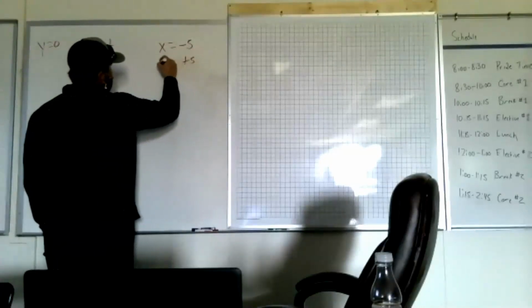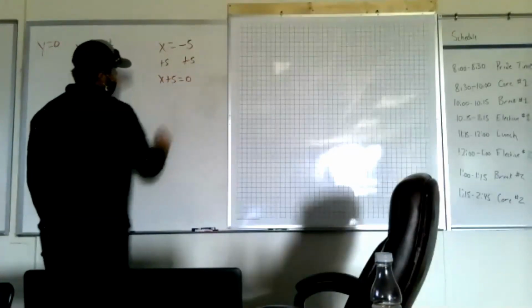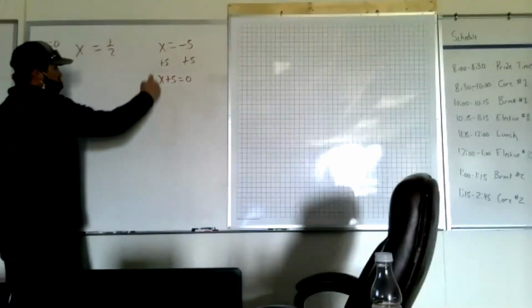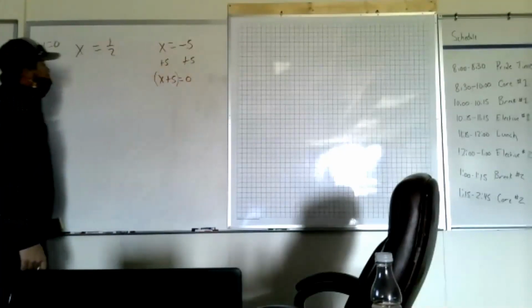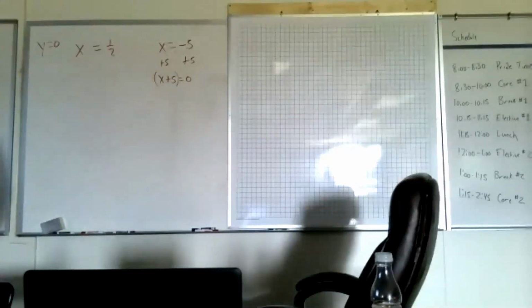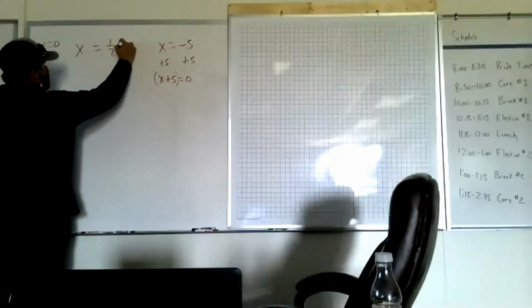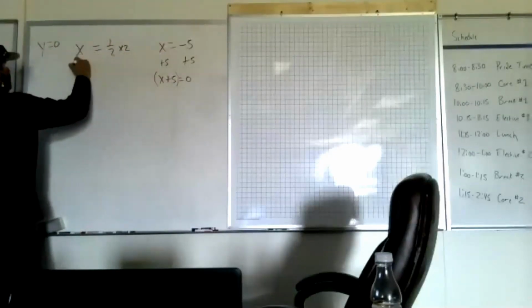The first one, x is equal to -5, is pretty simple. We add 5 on both sides. We have x plus 5 is equal to 0. Okay, this would be our first binomial term. This one is a little bit tougher. Anytime that you have a fraction, just understand that you have multiplication involved. So the first step in getting it set equal to 0 is to multiply by 2 on both sides.